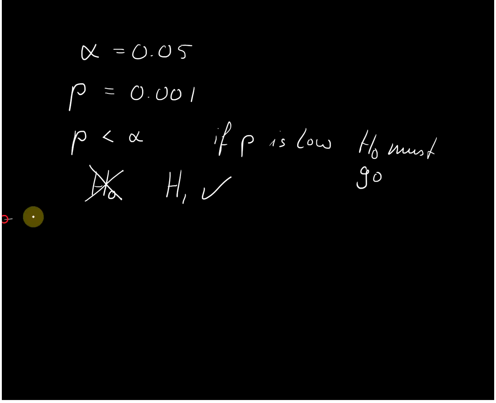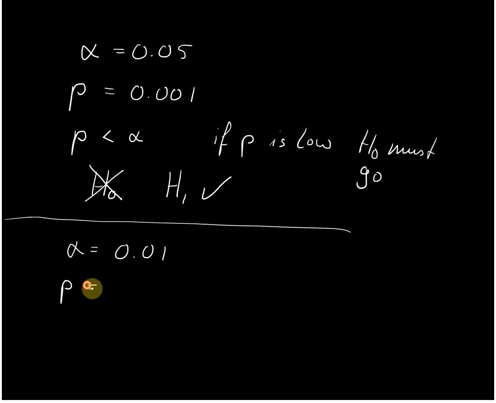Let's do another example. Let's say alpha equals 0.01. We can choose alpha, whatever we want. P equals 0.08. So in this case, we have P is larger than alpha, 0.08 to 0.01.